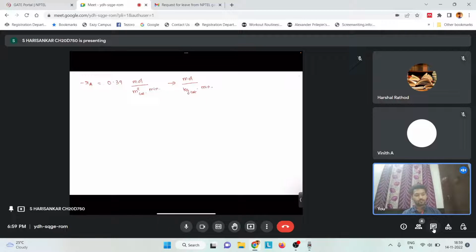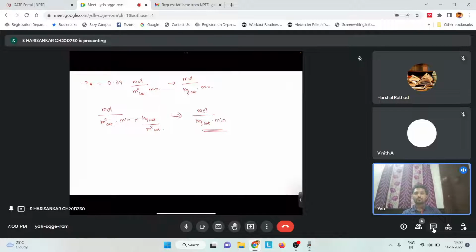Let us just write the units: mole per meter square catalyst per minute. Now if we multiply this by kilogram catalyst and then divide it by meter square catalyst, we get the new unit as mole per kilogram catalyst per minute, right? Because meter square catalyst and meter square catalyst will get cancelled.